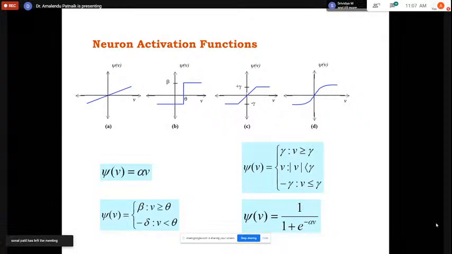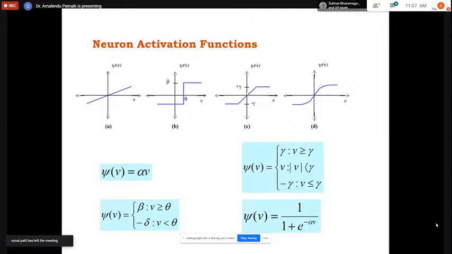But because most of these antenna problems are nonlinear in nature, that means the relationship between the output and input is nonlinear, it is better to use this last one, the sigmoidal transfer function, in most of the cases.